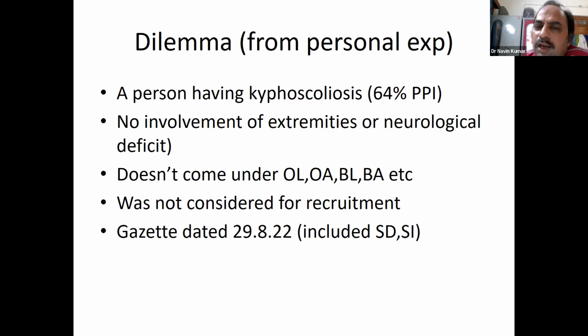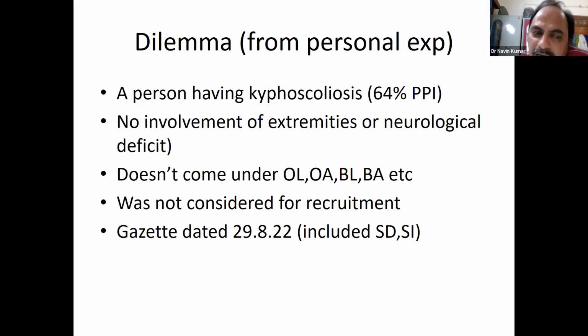So when we gave the percentage, we found him to be eligible, but if somebody has seen the recruitment criteria, they don't have spine in that. They have either OL, which means one leg, OA, which means one arm, or both legs or both arms. This is purely spine involvement, so he was not coming under any category and was not considered for recruitment.